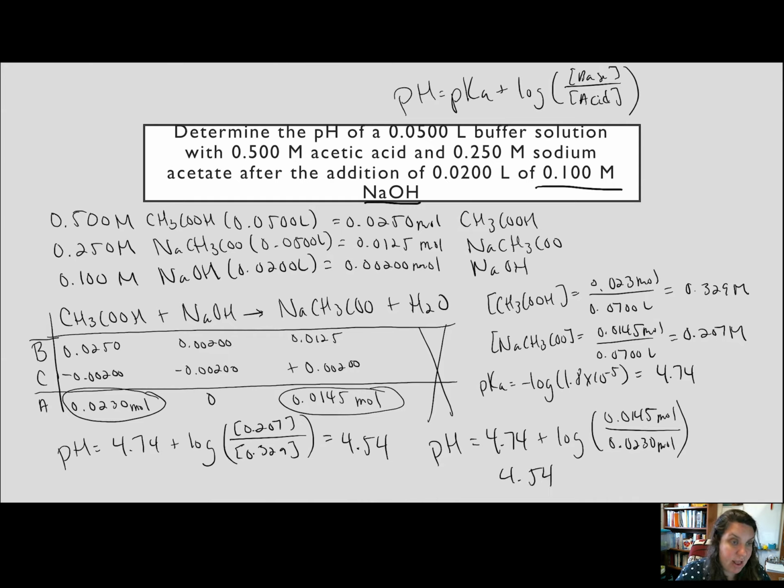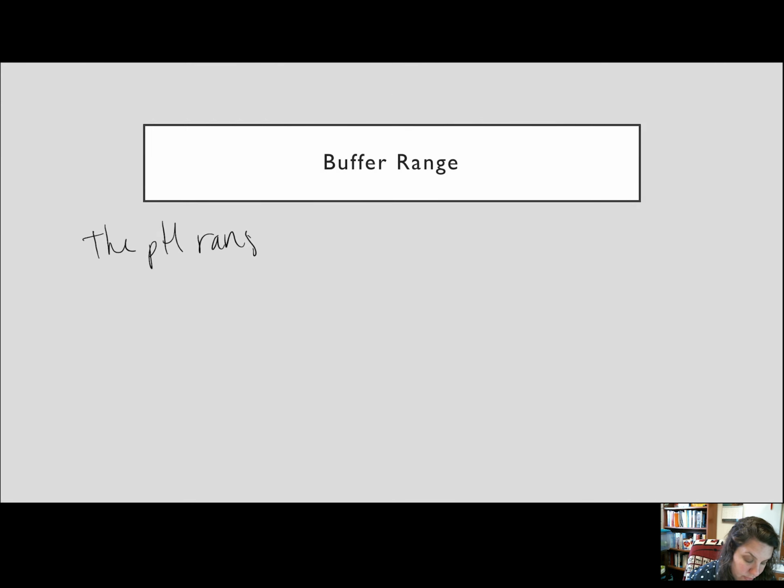Okay, let's look at what's called the buffering range. So the range that a buffer is working. It is the pH range for a buffer solution, the range where it's still considered a buffer.